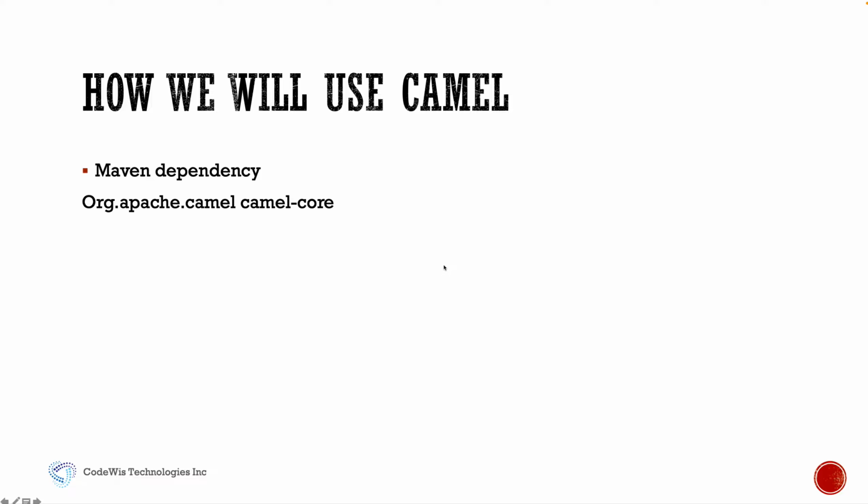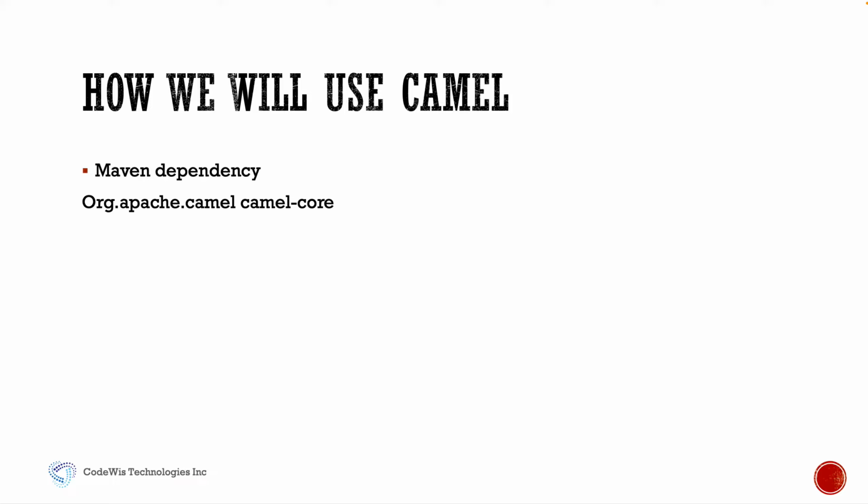How will we use Camel? For using Camel, it's very simple. You just use the Maven dependency for Apache camel-core. If you search for Apache Camel Maven, you can see the Apache Camel Maven repository.